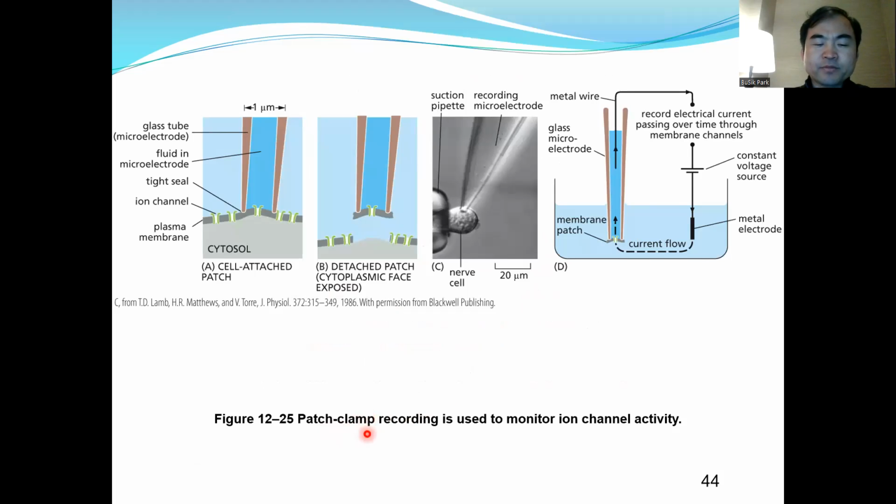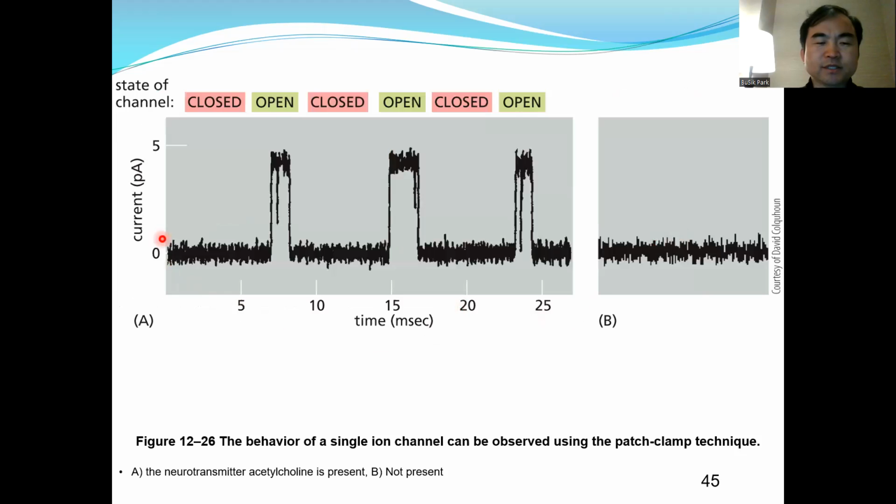And patch clamp recording is used to monitor ion channel activities. At first we isolate a part of the membrane with an ion channel, insert a recording microelectrode, and then measure the electrical potential, the voltage difference, and record it like this.